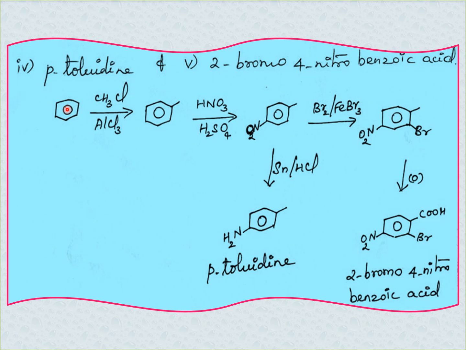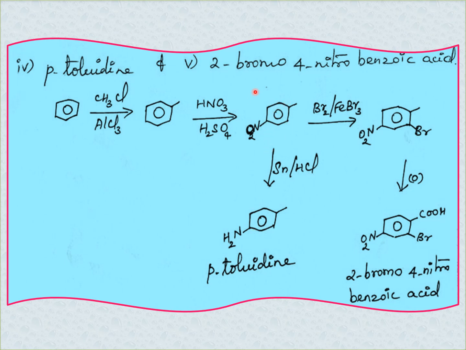Similarly, as in the case of meta, we alkylate first and then nitrate it. So benzene on alkylation gives toluene, and on further nitration it gives para-nitrotoluene, which on further reduction with tin and HCl provides para-toluidine.